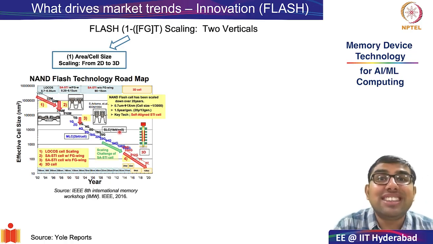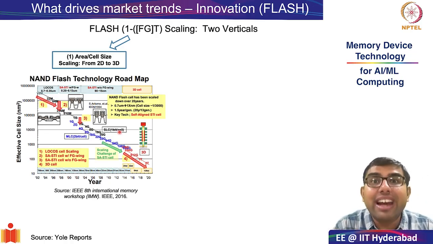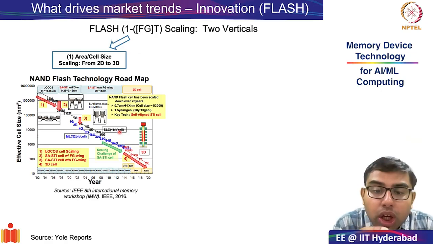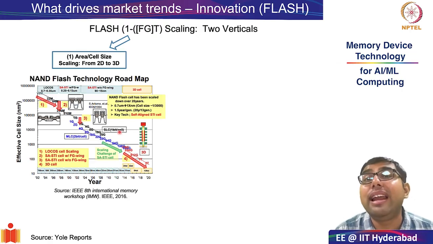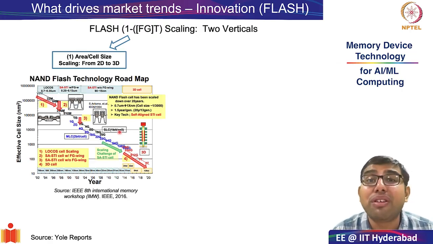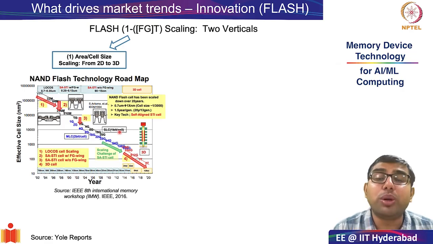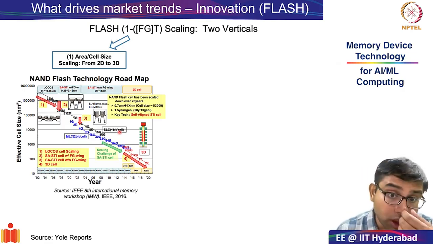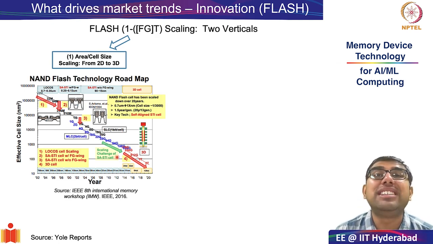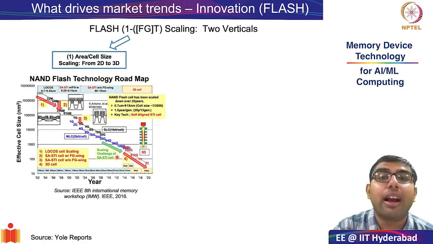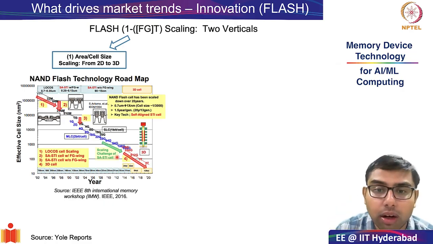When you scale down your transistor, the number of charges you can store in that small footprint also reduces, and soon you were dealing with only a few tens or hundreds of electrons in an individual cell. That creates a lot of reliability issues, and that is why people realized it is no longer feasible to scale the 2D NAND flash transistor.